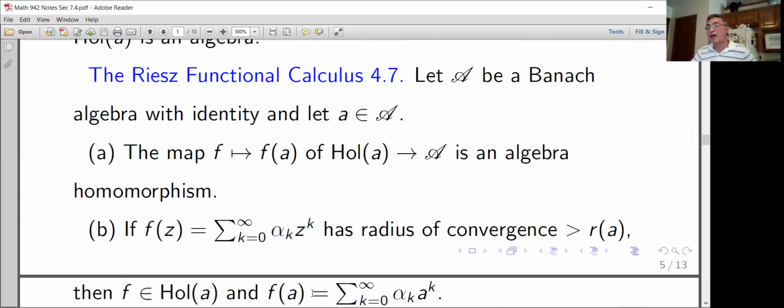Then f is in HOL of A. Of course, this is analytic in the neighborhood of sigma of A. Then f of A is equal to the series where you just replace this z by A.